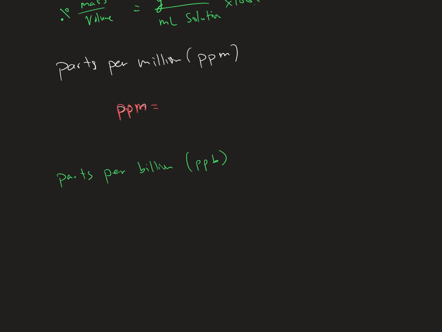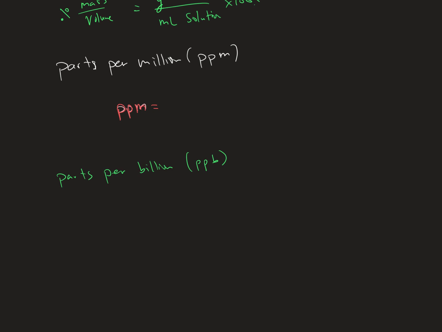So it doesn't matter what unit we use. Well, it kind of does. We can use grams. We can use mass to mass. We can use volume to volume. What else can we use? Grams to milliliters if it's a water solution. Same thing, right? But now it's not a percent.